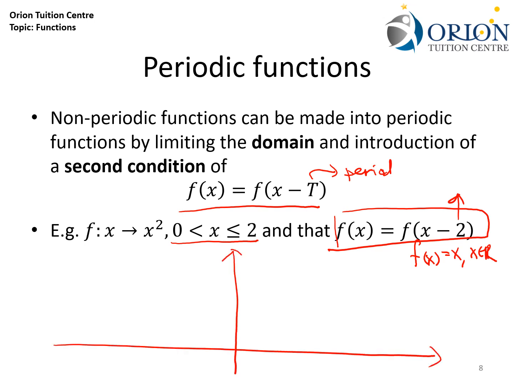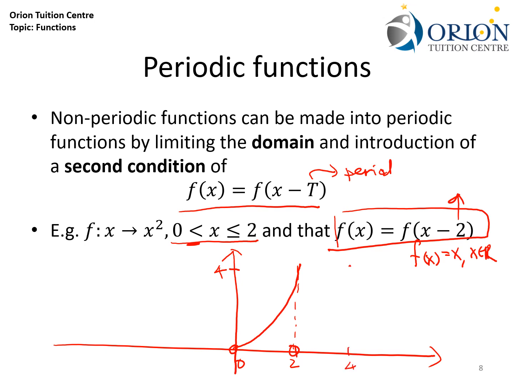So I'm first going to draw the repeating unit from 0 to 2. The y value will hit 4, and I'm going to exclude 0 because there is no equal sign over here. It will look like this for the repeating unit, and now I'm going to copy and paste this segment throughout for every 2 units. So at x equals to 2, it will be here. x equals to 4, it will be here.